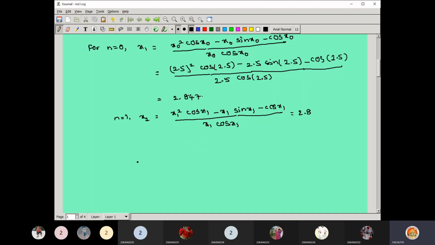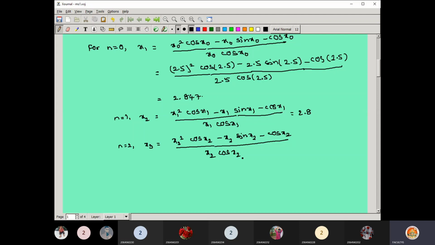A little bit of difference is there, so you go for n equal to 2 and get x3. Better you calculate fast. It is x2 square cos of x2 minus x2 sin of x2 minus cos of x2, total divided by x2 cos of x2.